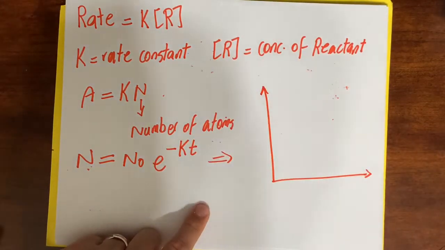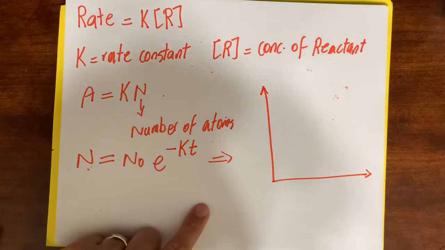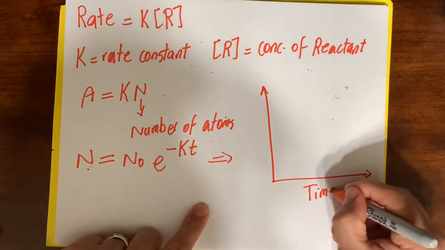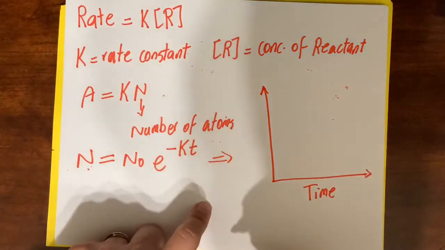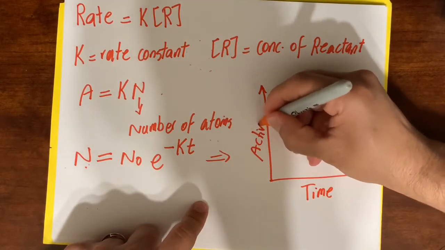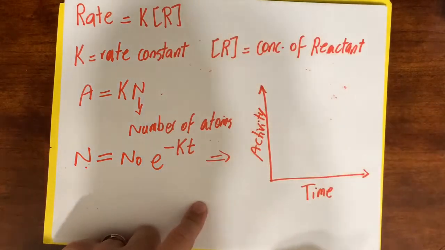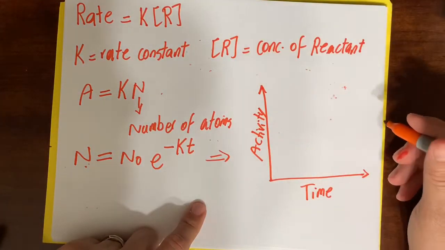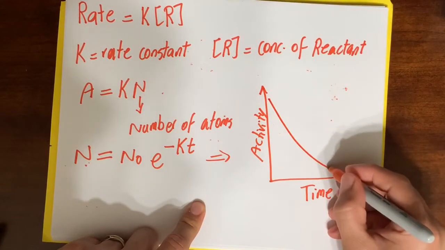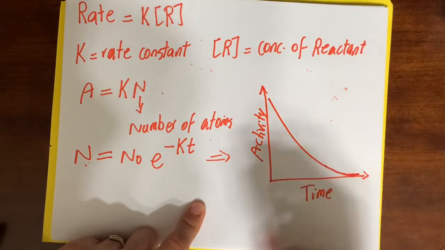Why am I writing this formula for it? Because even for a first order reaction, if you go here with time, and this one uses activity, you will see that the rate of the decay over time will go down like that.